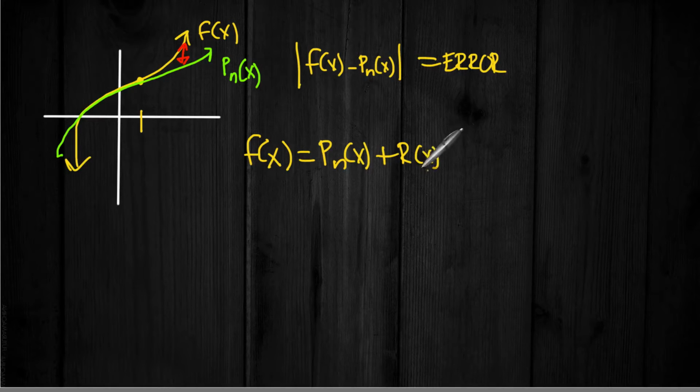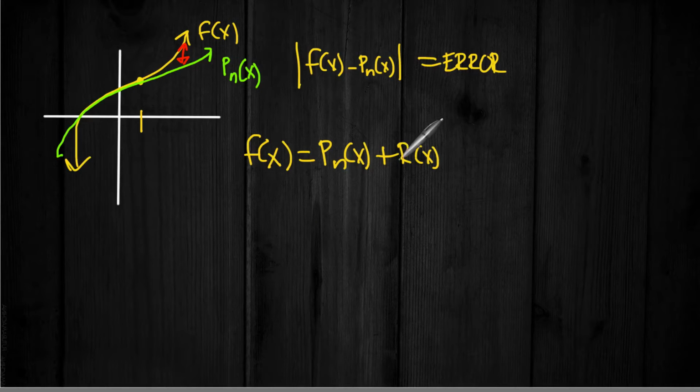And the remainder is nothing more than all the other terms that come after this polynomial. So let's say the polynomial is a 5th degree polynomial, has 6 terms or whatever. The remainder is the other million gazillion terms that come after that you would add to this polynomial to get an exact representation of this function.